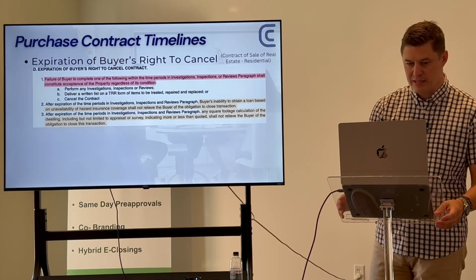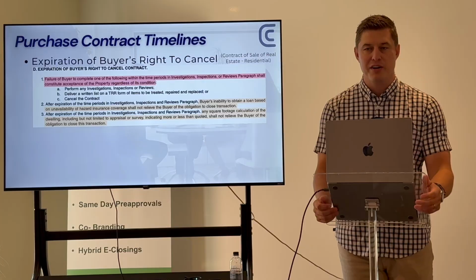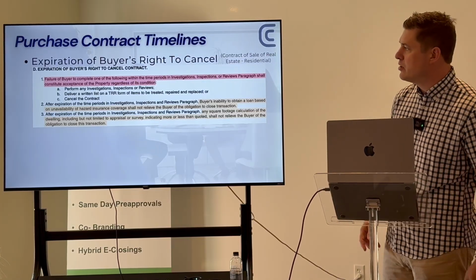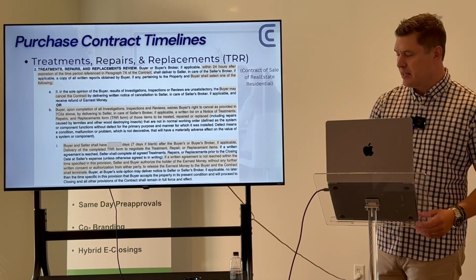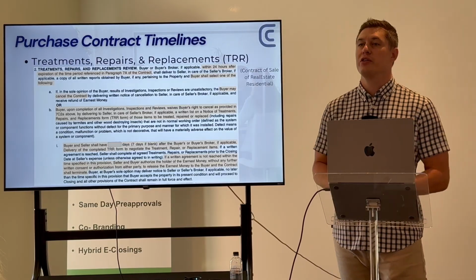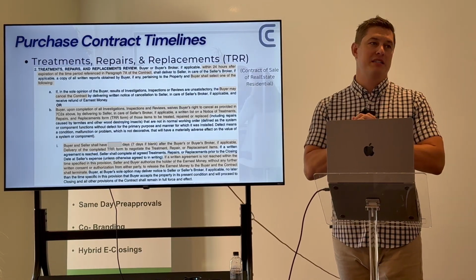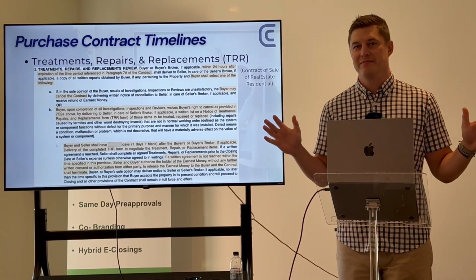All right. Okay, inspection. So we did TRRs. Expiration of buyer's right to cancel. Let me go back to the TRR period real quick. I think this is important. I've seen a few people get in trouble on this. Who's ever heard the statement that a buyer can get out for any reason during the inspection period?